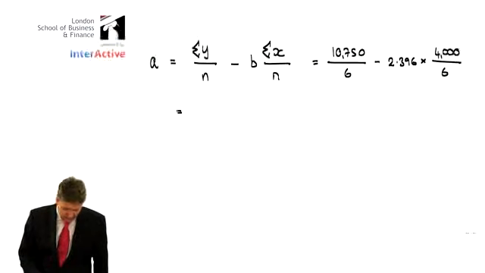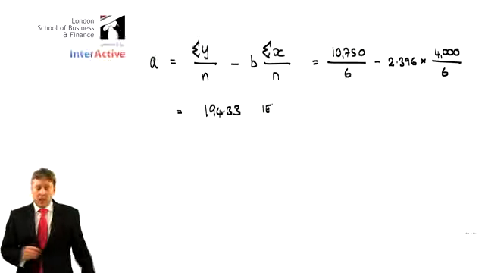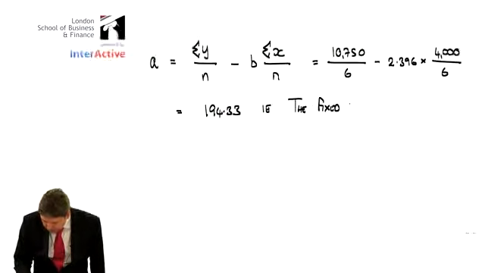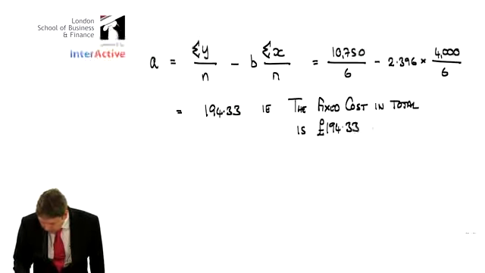And we establish a value for A of 194.33, i.e., what does that mean in this case? Well, I suppose it means the fixed cost in total is £194.33.